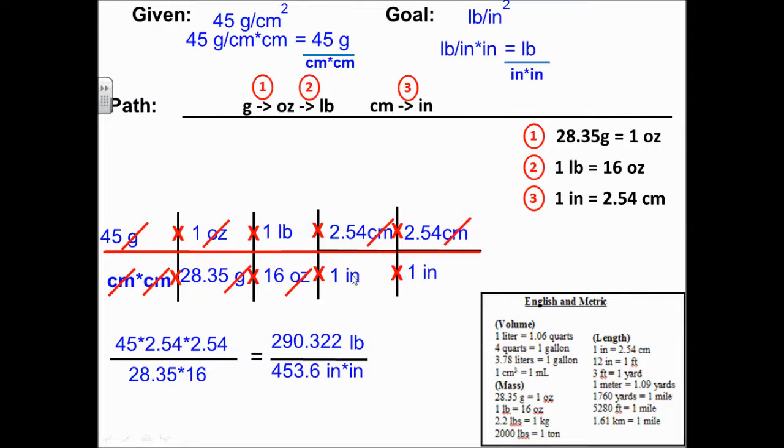But then on the bottom, we also have inches times inches, so we need to make sure to write those down here. Well, now you just plug that into a calculator: 290.322 divided by 453.6. And that'll get you your answer of 0.64, and then we have pounds over inches squared. And there you go. That is your final answer.